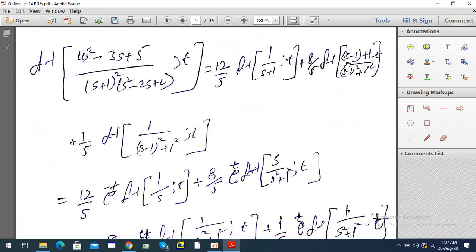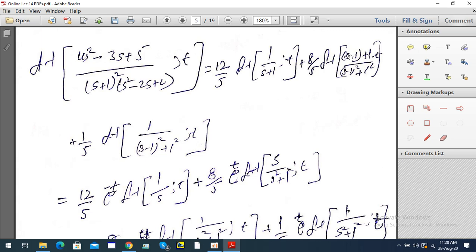So now we will take it out, e power minus a t. So a is minus 1. We have also minus, and also a is minus. So you can see here, if there is minus, we will have e power t by shifting property, and the Laplace inverse of s by s square plus 1 square.